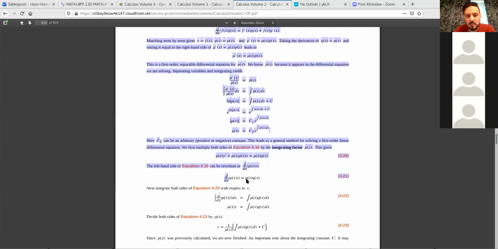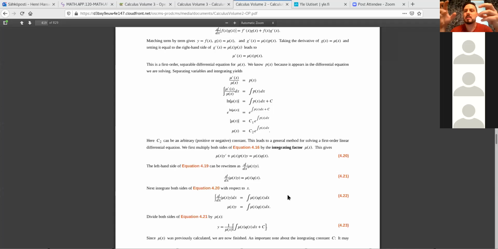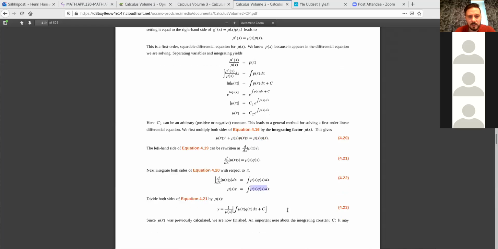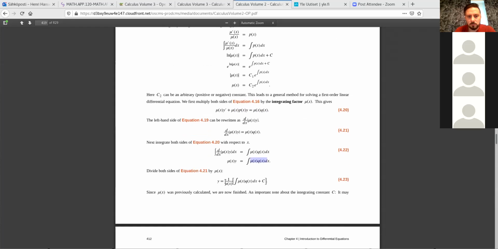So this is easily solved by just integrating both sides. And that's why we call it the integrating factor, because if we multiply both sides with it, then we can actually just solve the whole thing by taking a certain integral. And we get here mu of x times y is simply the integral of the right-hand side. So this y is then gained by dividing with this mu of x.